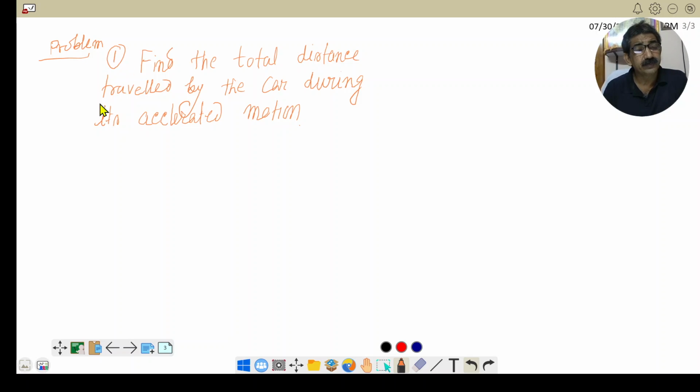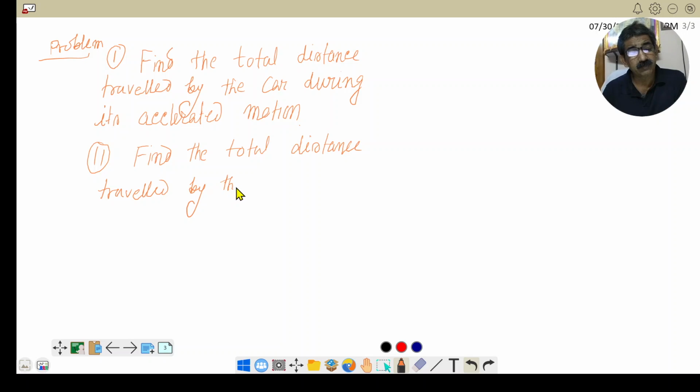Number two, find the total distance traveled by the car during its decelerated motion.